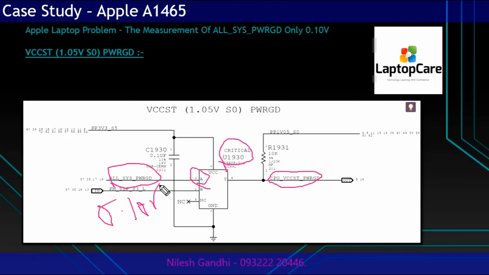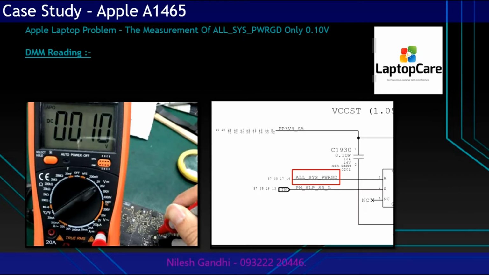So we'll need to find out where this particular signal comes from to U1930, and we can find the solution. As shown on the multimeter, this all_sys_pwrgd is showing only 0.10 volt, which is very low, and we need to find the origin of this particular signal to U1930.